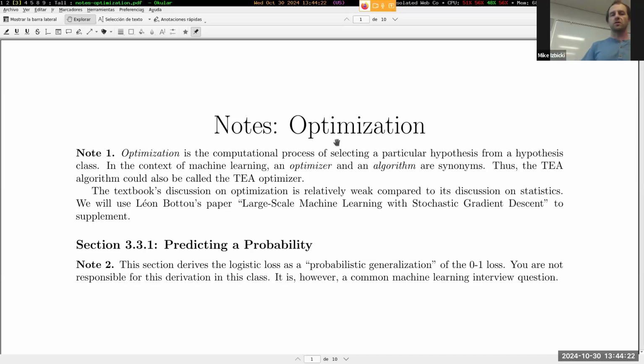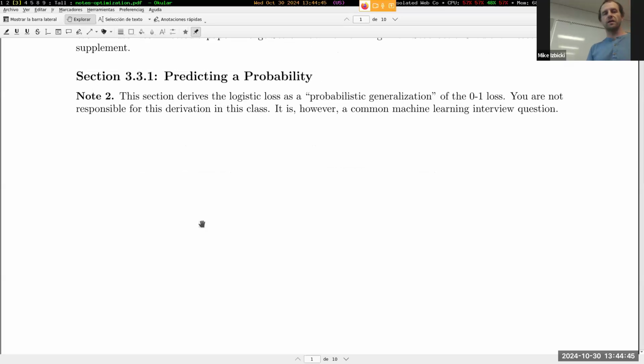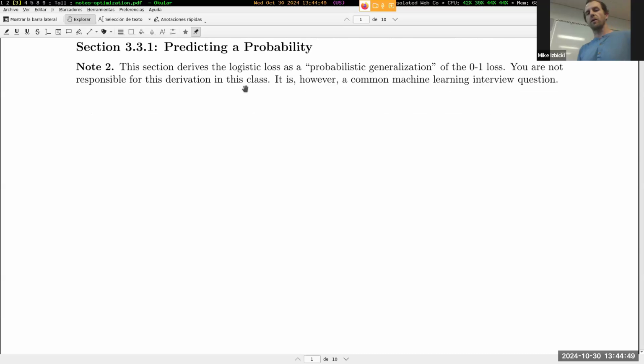In the context of machine learning or data mining, optimization is a synonym for the actual algorithm that you are using. And it is how we actually find the empirical risk minimizer, or the g, the hypothesis in our hypothesis class that we are going to actually use to do something. And last time in class, we did all the notes here under this section 3.3.1, predicting a probability.